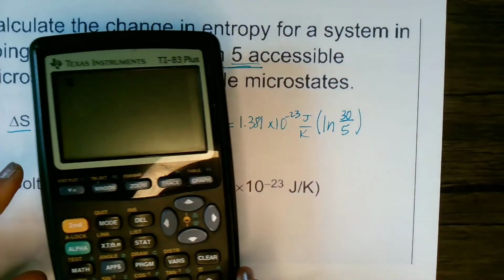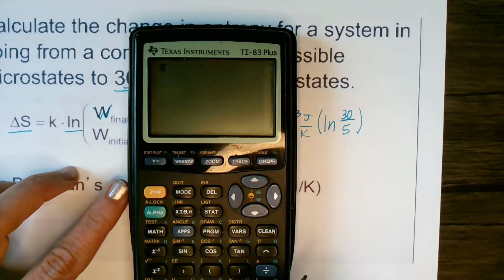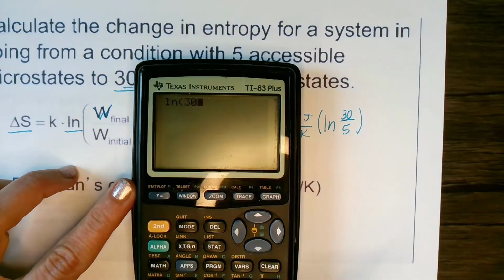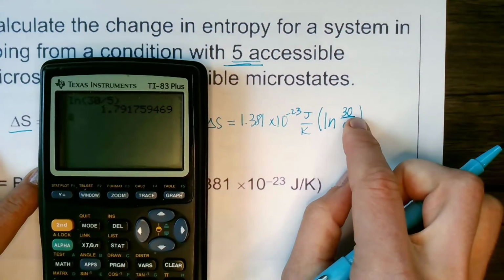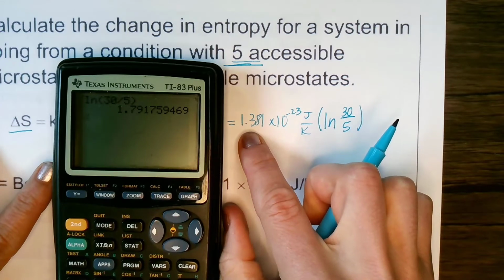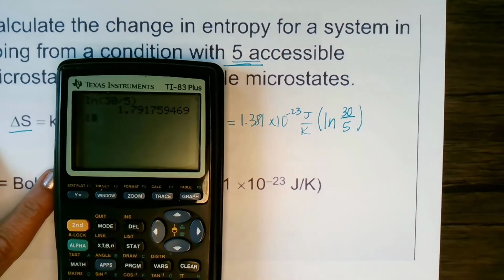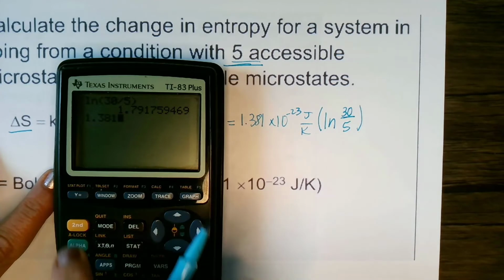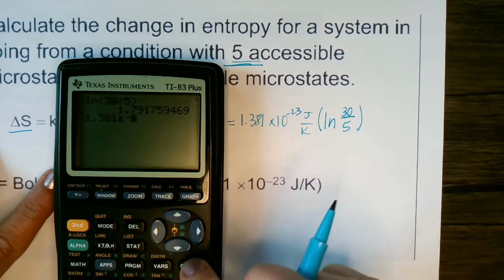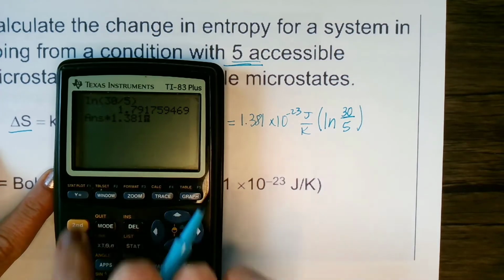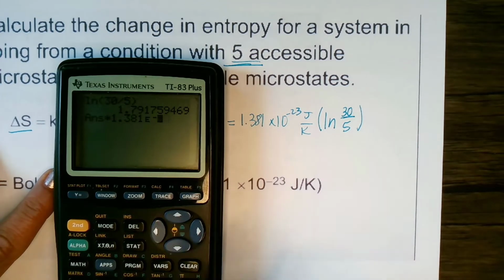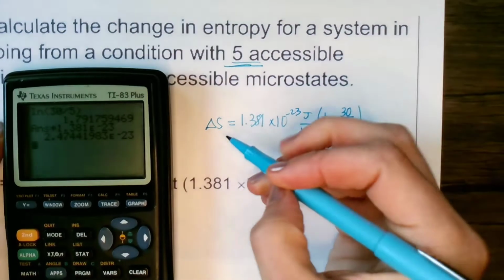So let's do some calculator work here. First, I'm going to do the natural log, ln, of 30 divided by 5. I get 1.79175. Then I'm just going to hit times Boltzmann's constant, 1.381 times 10 to the negative 23rd.